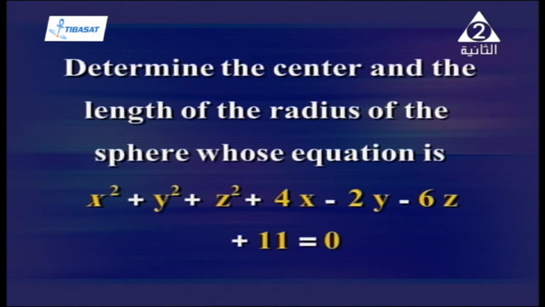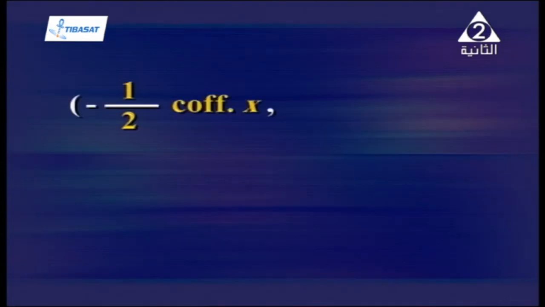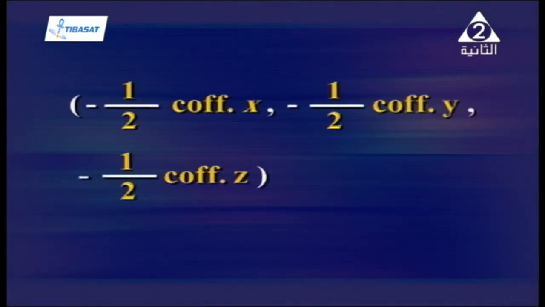Remember, in the equation of a sphere the coefficient of x squared equals the coefficient of y squared equals the coefficient of z squared equals 1. First, look at the coordinates of the center of the sphere. By the rule, negative half the coefficient of x, negative half the coefficient of y, negative half the coefficient of z equals (-2, 1, 3).